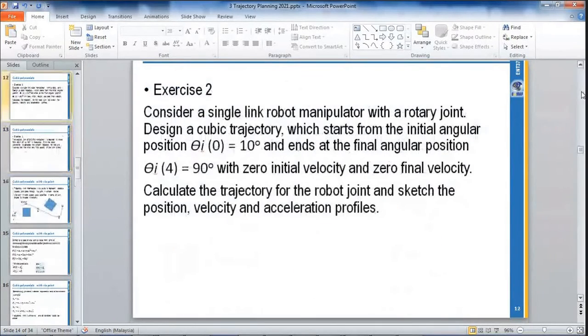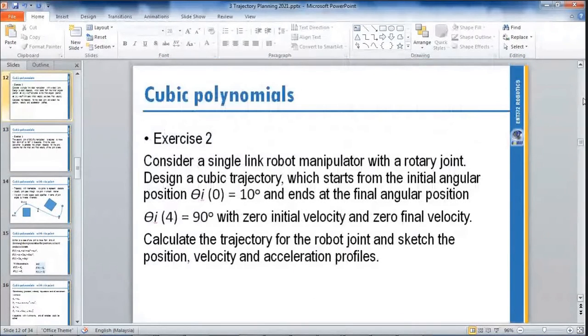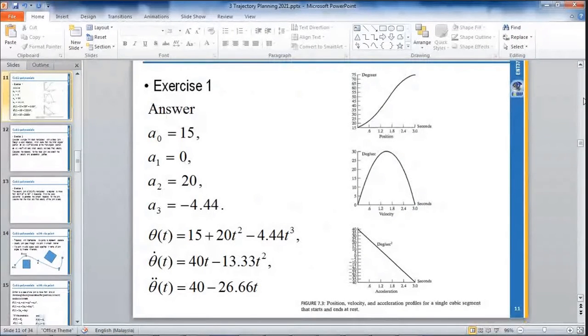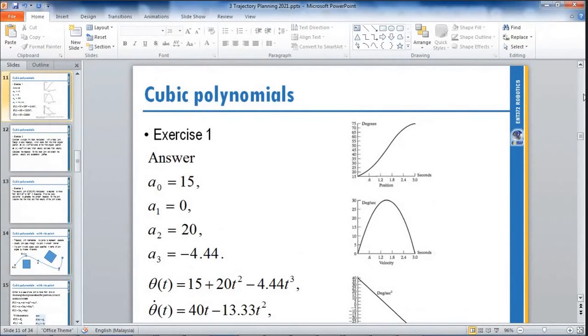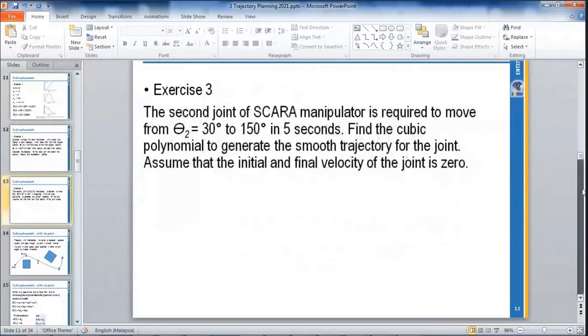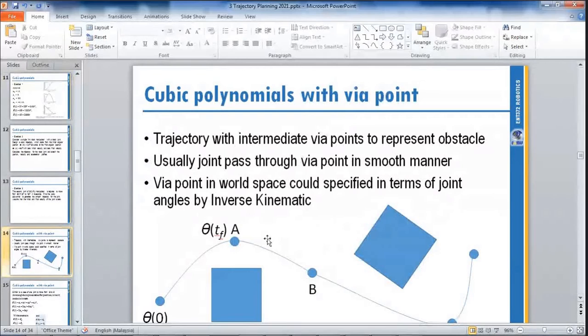If you understand the first cubic polynomial, you can answer cubic polynomial with via point, because it is just an extension of the graph. We extend the graph, so that means we need to calculate twice. If you calculate here, that is half of the graph, and for cubic polynomial with via point, you calculate the other half of the graph.